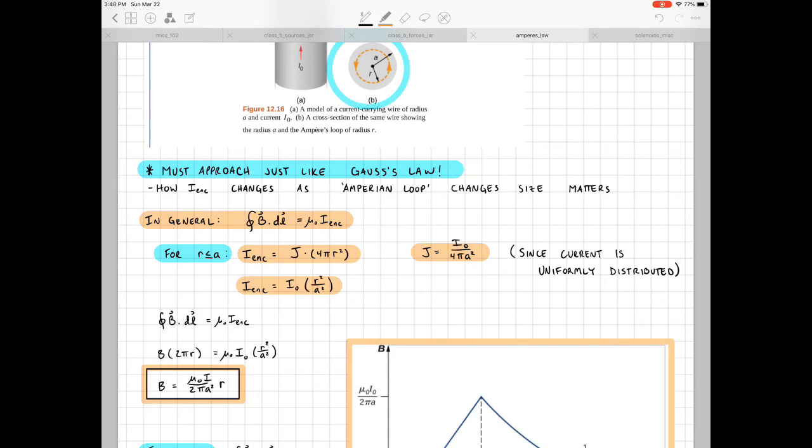And so you can check to see if this makes sense, because if you set r equal to 0, you're going to get no current enclosed. Well, that makes sense. You've got no loop. And if you let r go all the way to a, go to the edge of the wire, then the current enclosed is going to be I naught, and that's going to be all of the current. So that makes sense.